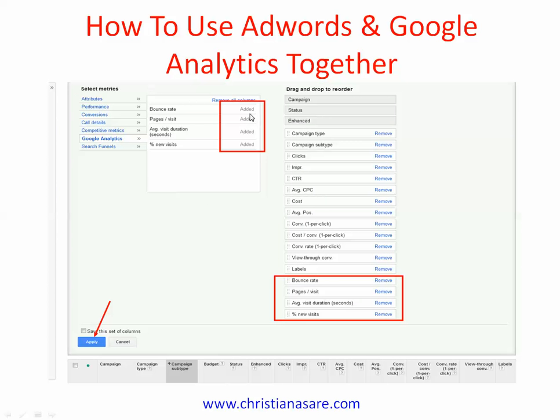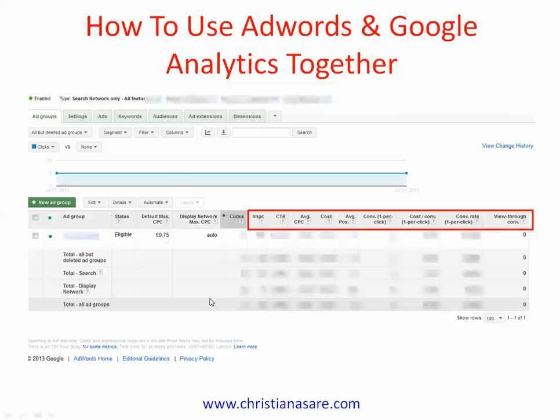So once you select add, you'll see the words added, and then on this side here you'll see what you have added will be at the bottom, and you have the option to remove it at any stage. Select apply, and then that is it.